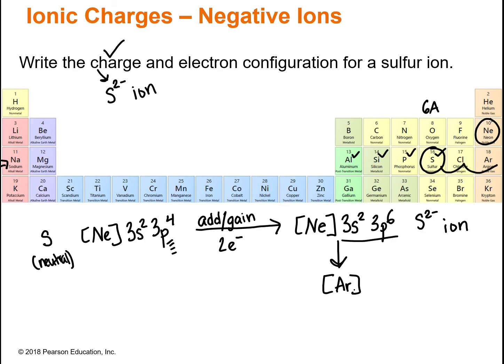So it actually looks like argon. The negative ions are adding electrons, so they are going to look like the noble gas in their period. It would be the same thing for phosphorus. Phosphorus looks like argon when it has gained electrons.